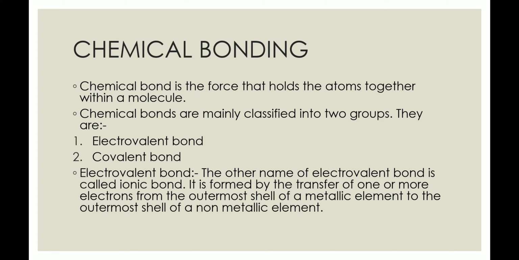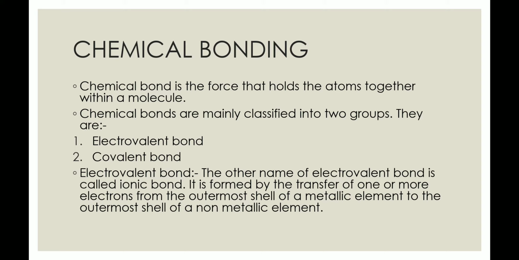Sodium atomic number is 11. Electronic configuration 2, 8, 1. Sodium outermost orbit contains one electron. Chlorine atomic number 17, so electronic configuration 2, 8, 7. So sodium has one electron in the outermost orbit.